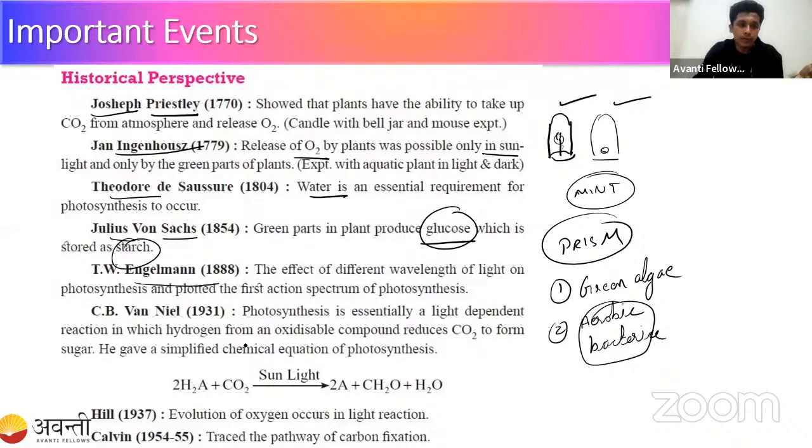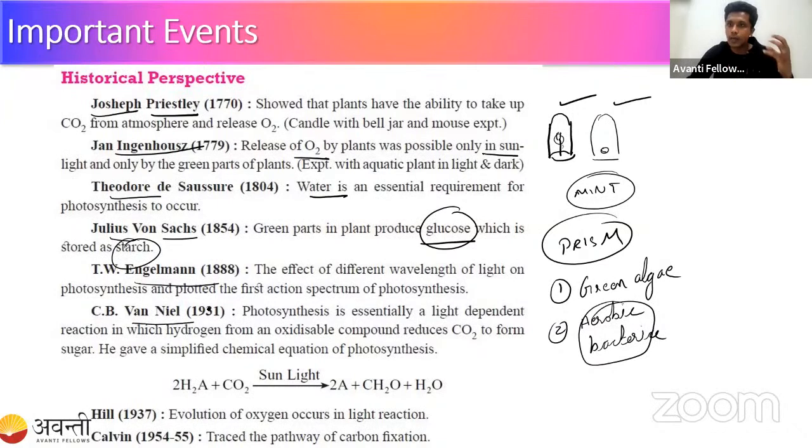And then when it comes to Niel, Niel performs an experiment where he proves that photosynthesis is a light dependent reaction. So we require light for the process of photosynthesis to take place. And why do we require light here?